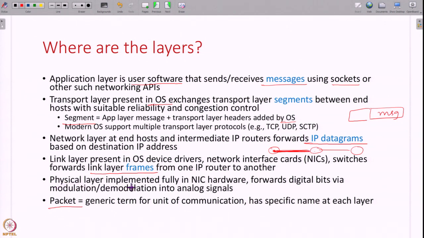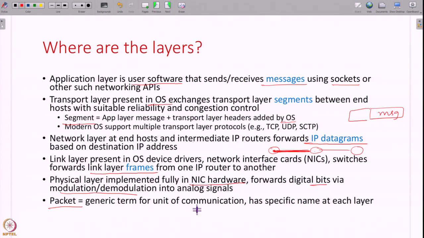And finally you have the physical layer, which runs fully in hardware inside network cards and routers. It basically deals with how you send bits and how you convert these bits into analog signals, like electromagnetic waves. There are techniques called modulation and demodulation for converting a bit into a wave and sending it out, and all of that is taken care of by the physical layer.